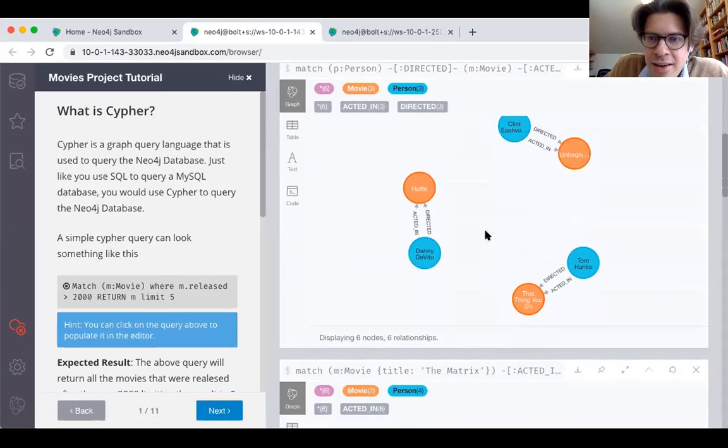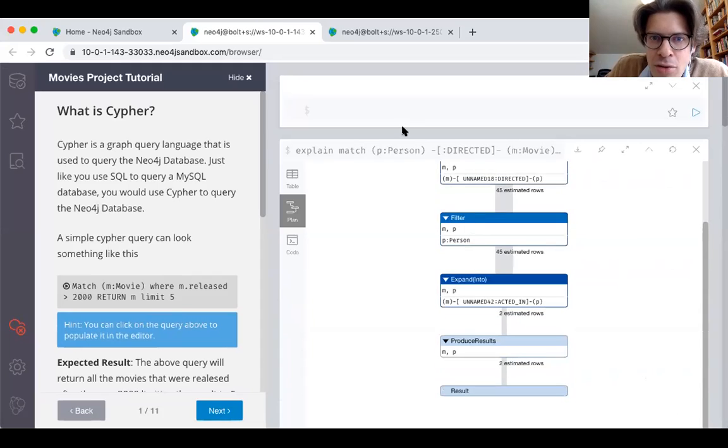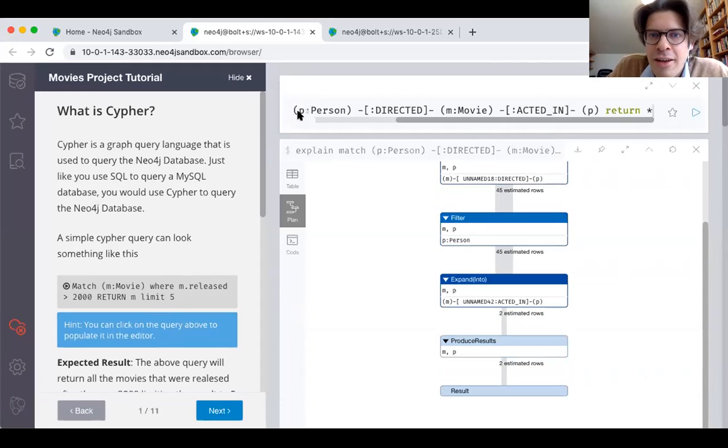So here in this query over here, we can see directed arrows between the movies and the person. But the query that I used here, you can see the query again, I used undirected edges in my query. So those undirected edges essentially mean that I'm interested in directions in both directions. Internally in Neo4j, there are no undirected edges, but they always have one direction.